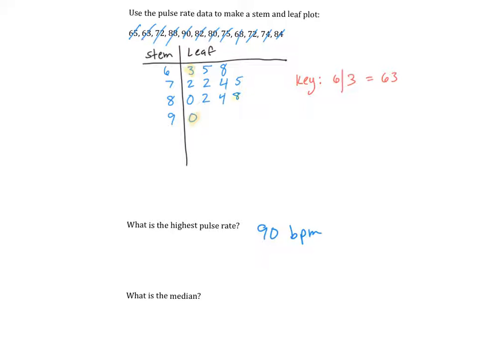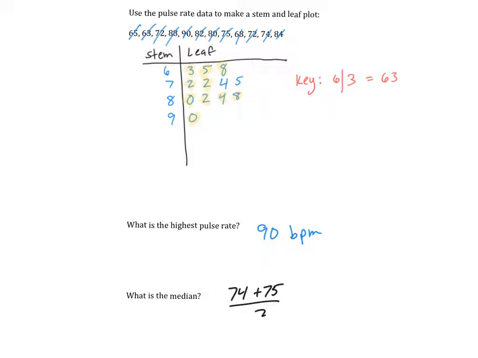I'll do 88 and 65, 84 and 68, 82 and 72, 80 and 72. Then we're left with the numbers 74 and 75. Our median will be the number that is right between those, so we'll take 74 plus 75 and divide that by 2.